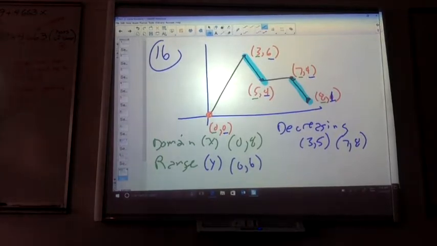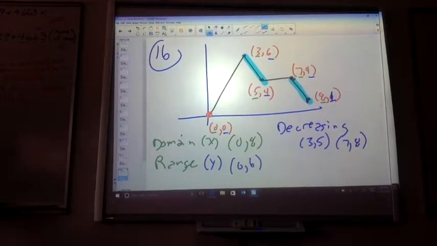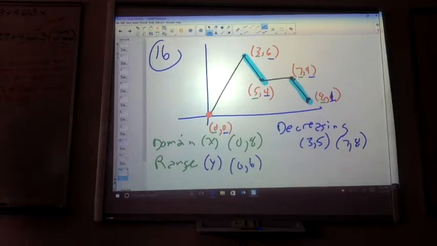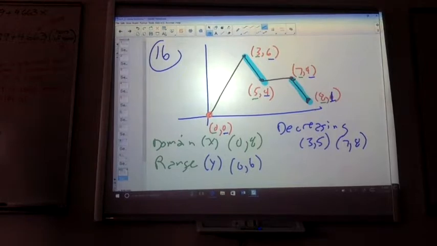So again, brand new concept. It was only touched upon briefly the other day. And give the intervals where the graph is positive. There's only one point there that doesn't have a positive component because the point in the y direction is at 0.